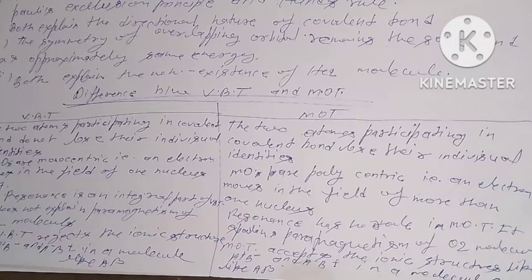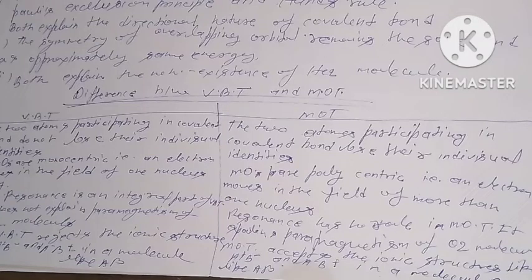Fifth point, valence bond theory rejects the ionic structures like A plus B minus and A minus B plus in molecules like AB. But molecular orbital theory accepts the ionic structures like A plus B minus and A minus B plus in molecules like AB. Okay.